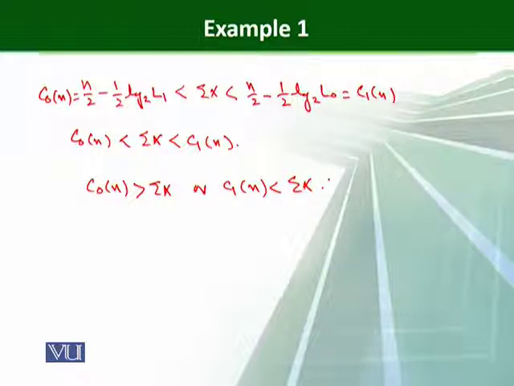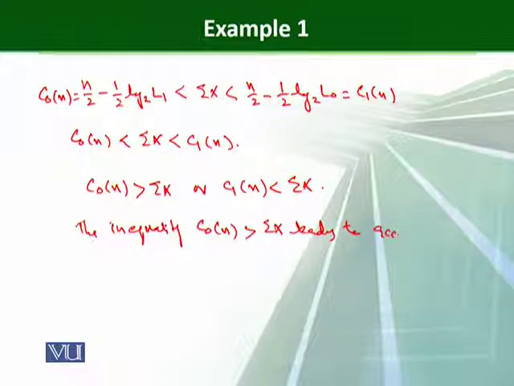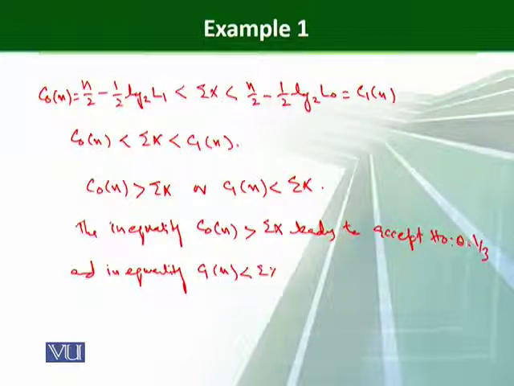Thus the inequality C naught n greater than sum x leads to accepting the null hypothesis, which is theta is equal to 1 by 3, and the other inequality, which is C1 n less than sum x, leads to rejecting H naught, that is theta is equal to 1 by 3. So that is the way how we can apply this sequential probability ratio test.